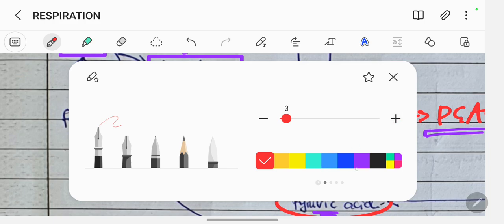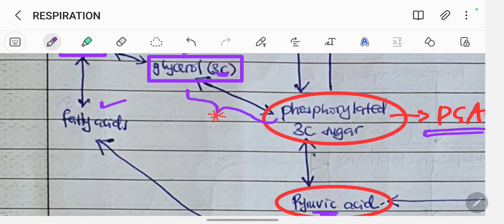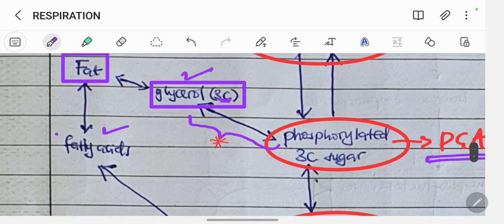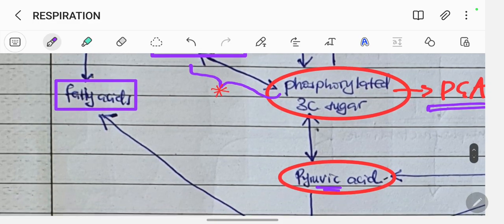my fatty acids. So what if I convert that fat to the fatty acid? What happens to the fatty acid? Fatty acids are very long chain organic compounds.